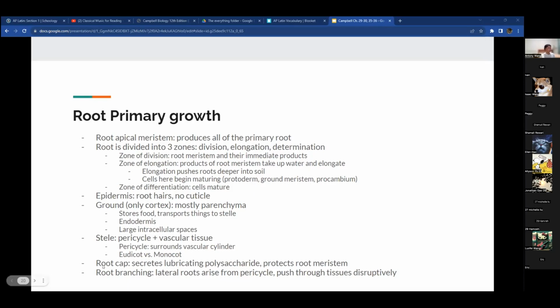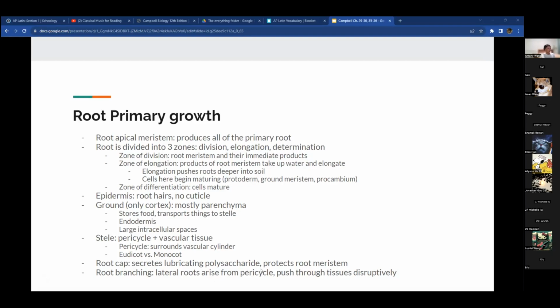Then other structures include the root cap. It secretes a lubricating polysaccharide, and it protects the root meristem. So it makes it easier for the root to extend into the soil and protects the meristem against abrasion. Then you have root branching.